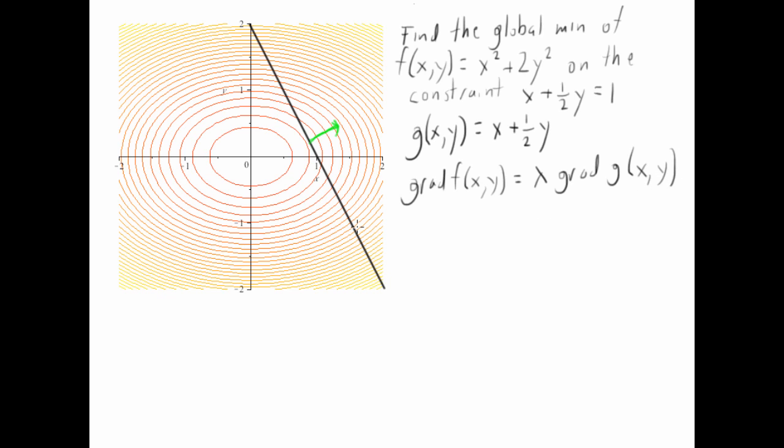We will motivate this in class, but for right now let's use this equation to see how it works. So grad f is 2x i plus 4y j, that's supposed to be equal to lambda times the gradient of our constraint function, which is i plus 1/2 j.